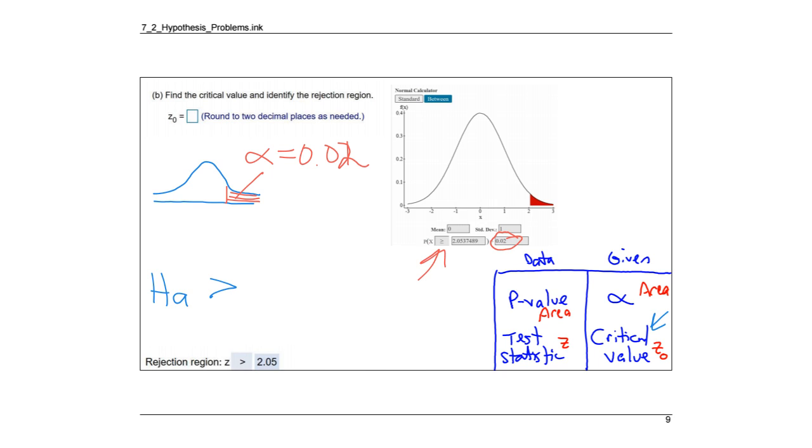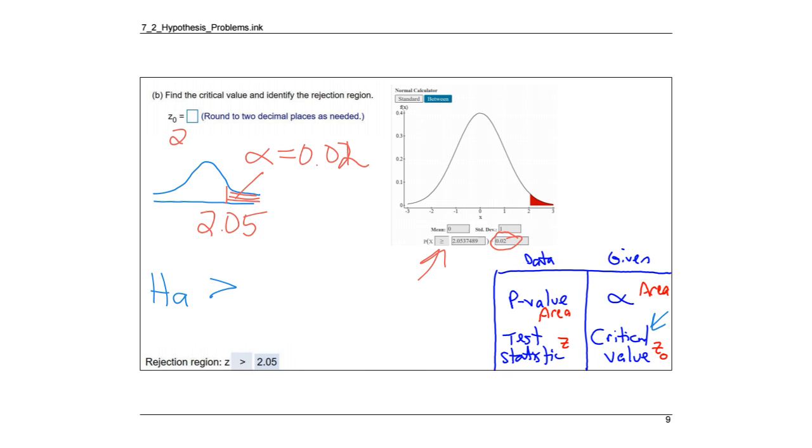I have to make sure that I point to the right. We're going to do this in the normal calculator. And so what happens is I get a critical value here on the number line of 2.05. Now this is tied to the rejection region.